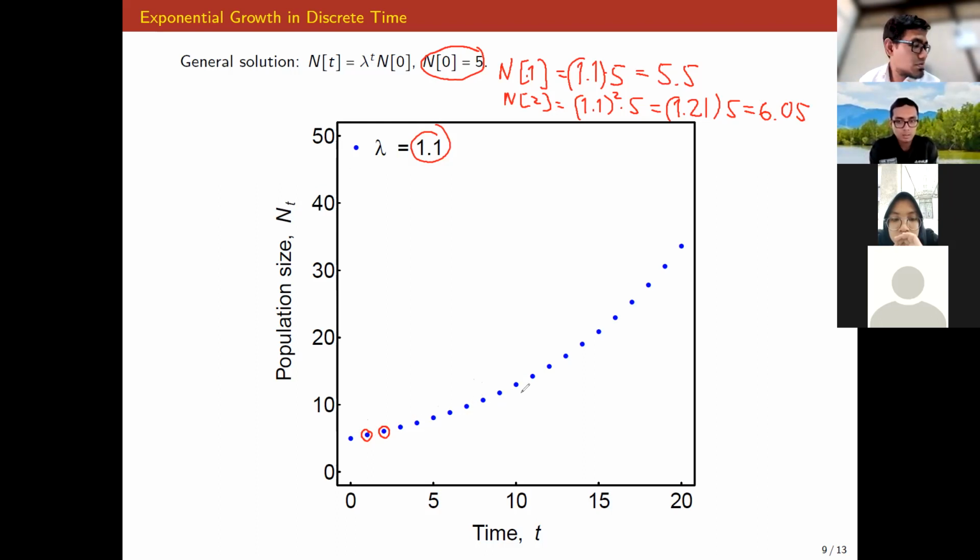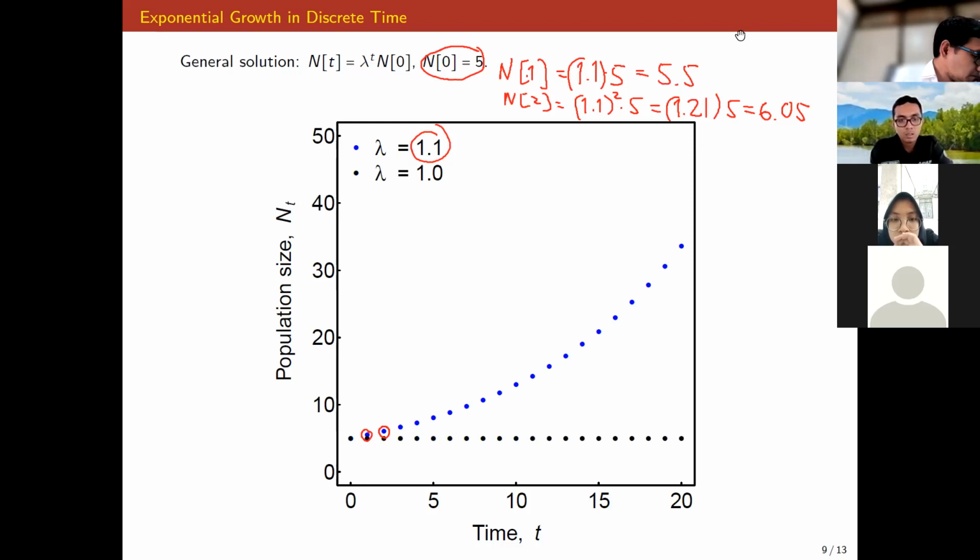We can see that the population with lambda 1.1 is increasing. Okay, that is for lambda 1.1. Let's try lambda is 1. One to the power of any number is 1, right? 1 to the power of 1, 1 to the power of 2, 1 to the power of 3, and so on, is always 1.